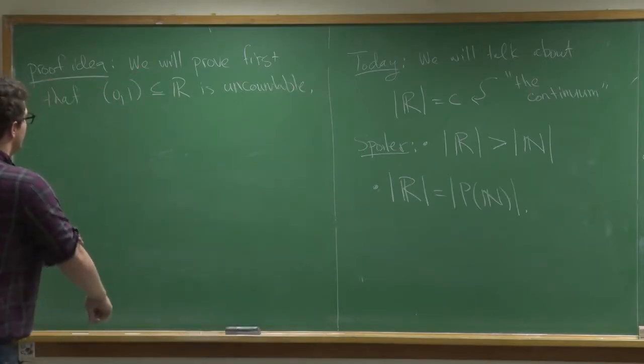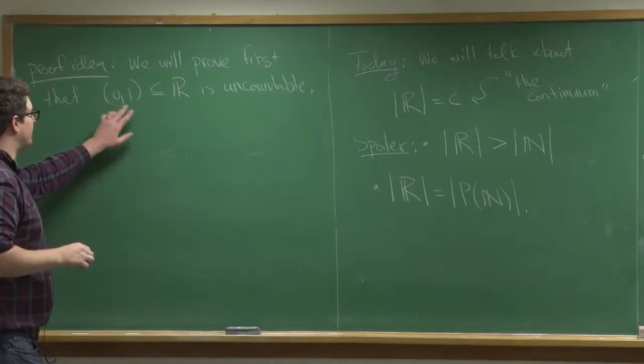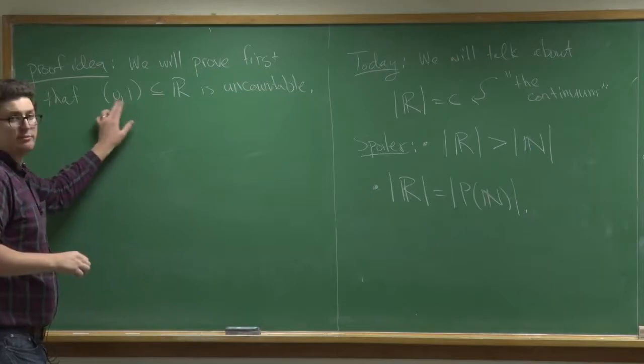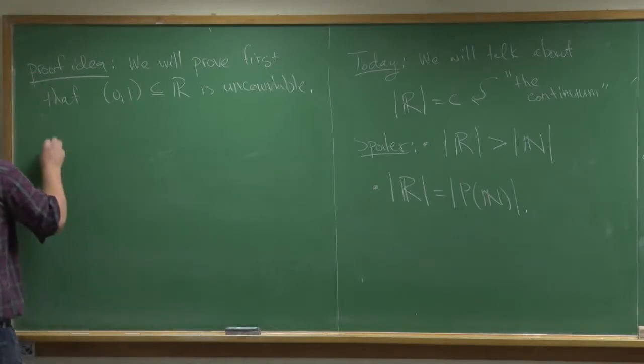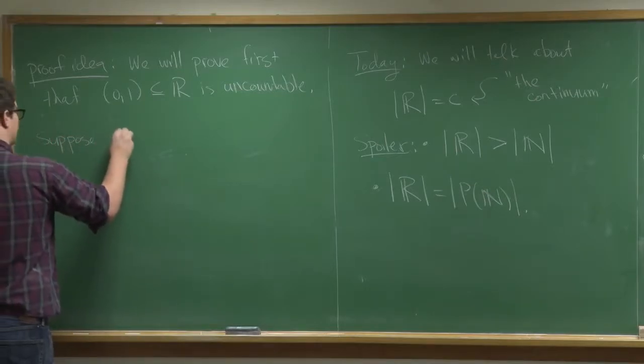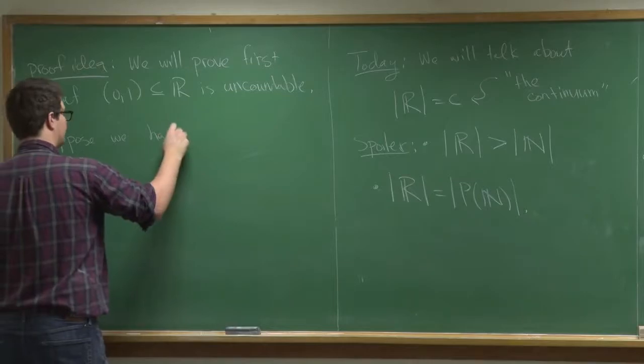This is the real numbers in between 0 and 1. So suppose someone comes with a list. We have some sequence.